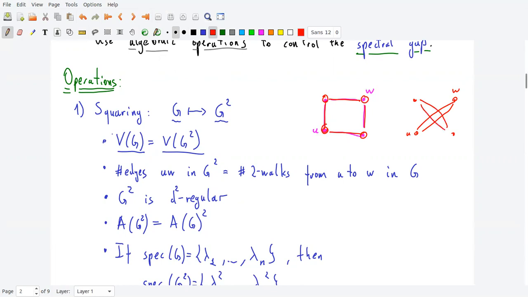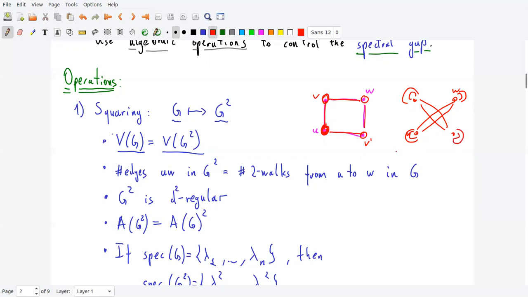But note that, for example, from this vertex U to this vertex V, I do not have any edge in the square of this graph, because I do not have any walk of length exactly 2 between these two vertices. But I also allow walks going there and back. So for instance, from U, I can go back to U in two possible ways, either going through V or going through V prime. So I put two loops at vertex U, and similarly for all the other vertices.